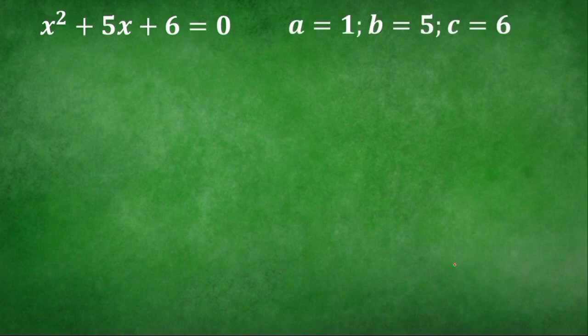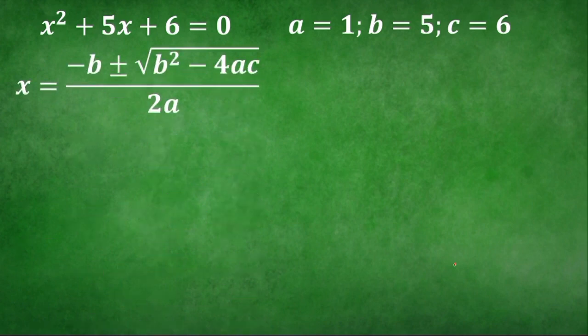Okay, so let's have x squared plus 5x plus 6 equals 0. Let's solve for the roots, or for the value of x. I will not elaborate on this one. With that, I will be using the quadratic formula, and the value of a is 1, b is 5, c is 6.